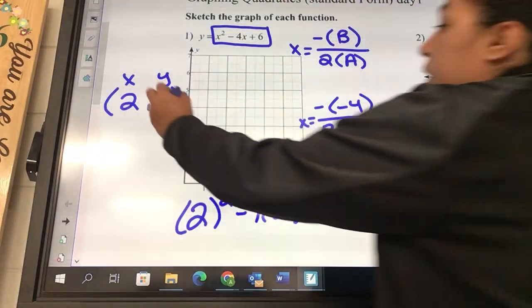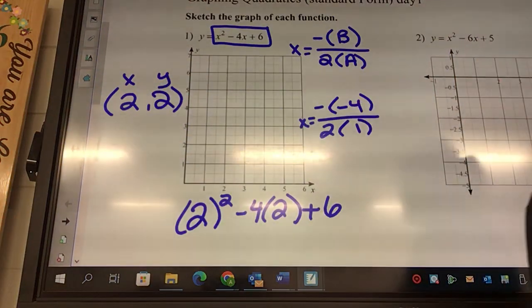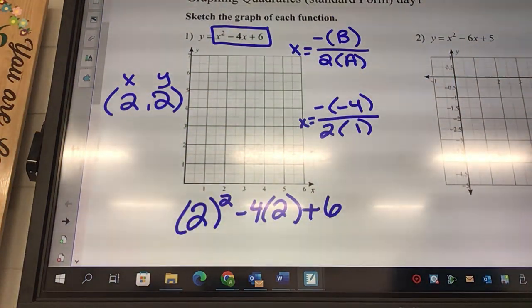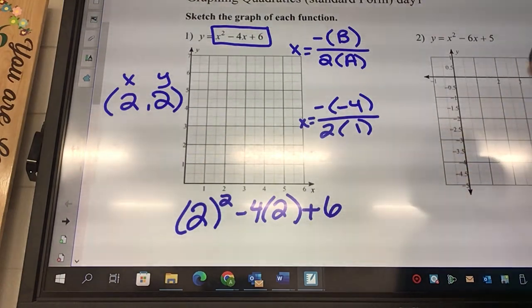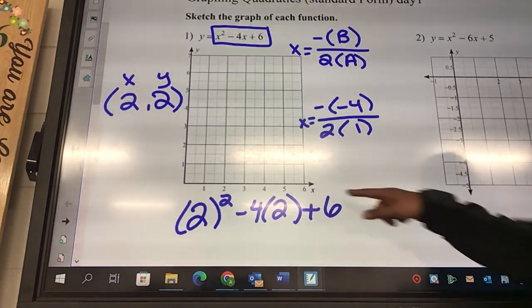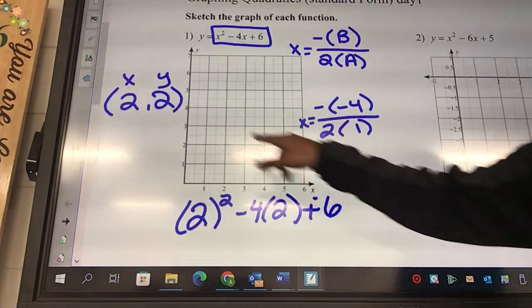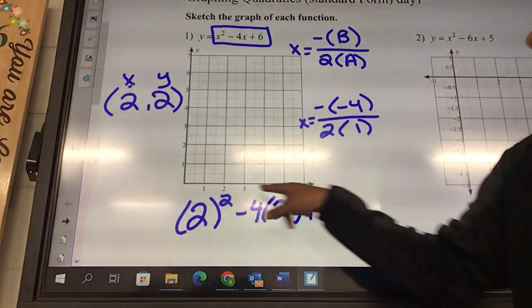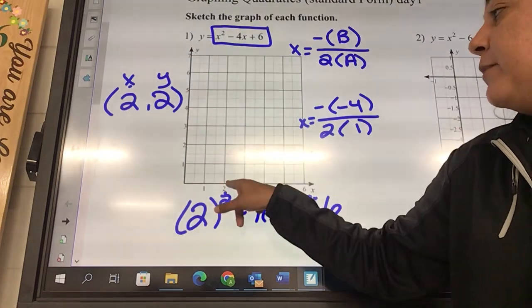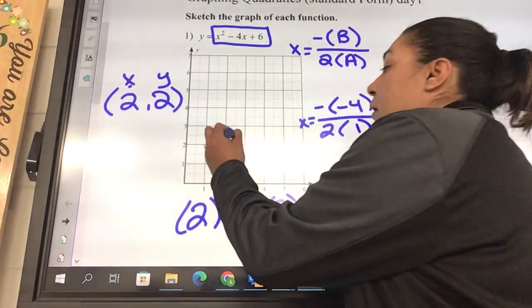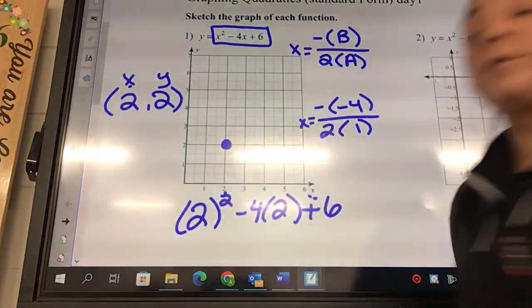So that goes here. That means our vertex is located at 2, 2. Now, this is where people get mixed up. See how this says x, and this is x? That means this one should be on 2, and then the y should be on 2. So our vertex is located here.